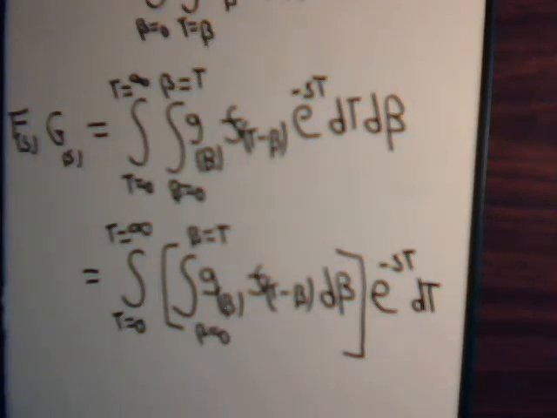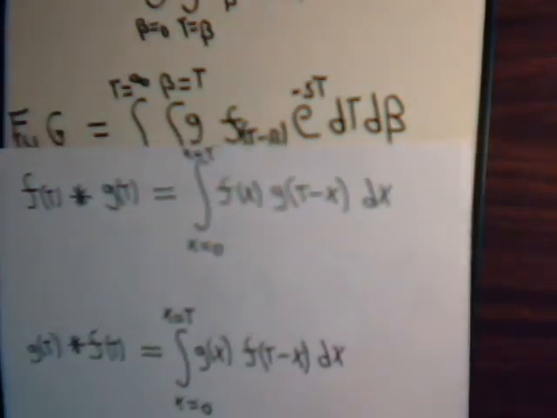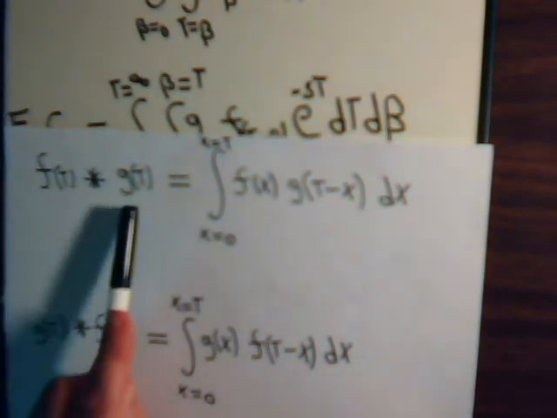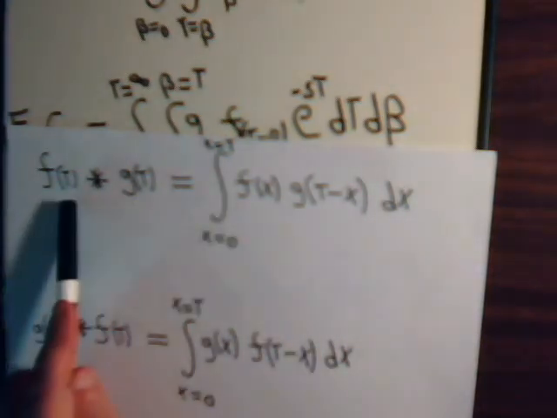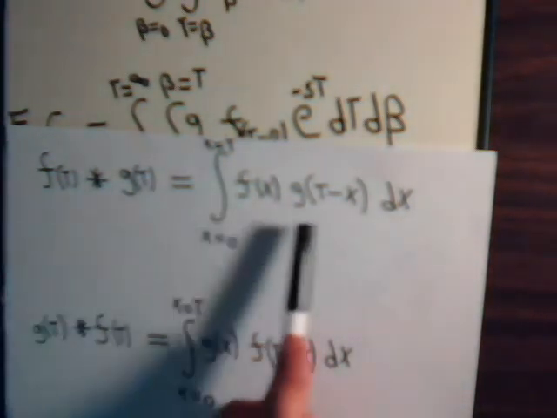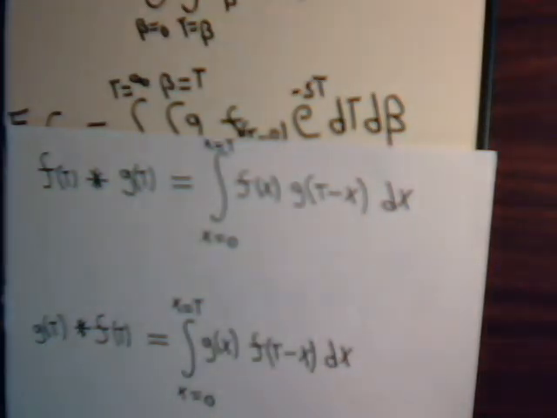Let's use this to illustrate. Remember how it was set up right from the introductory video. The convolution of f of t and g of t is the integral of f of x, g of t minus x, integrating with respect to x.